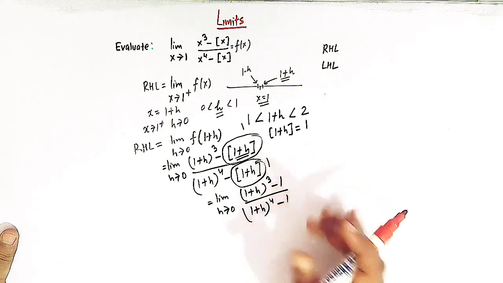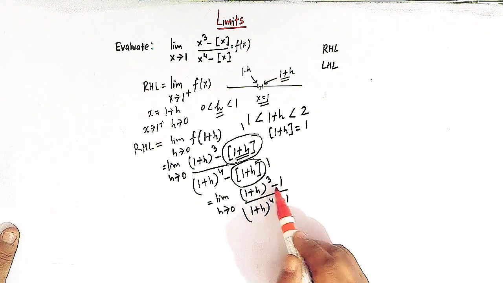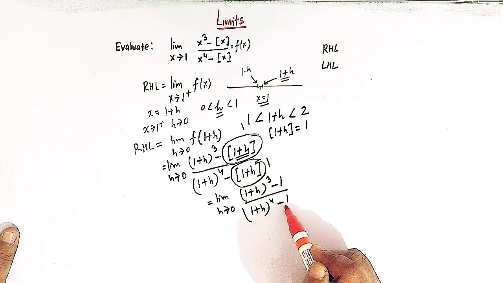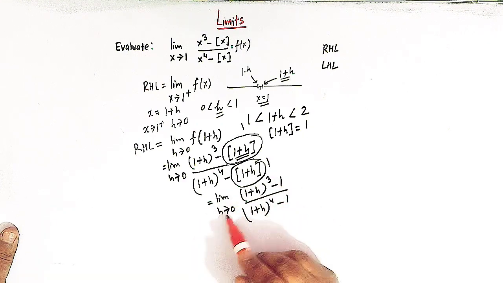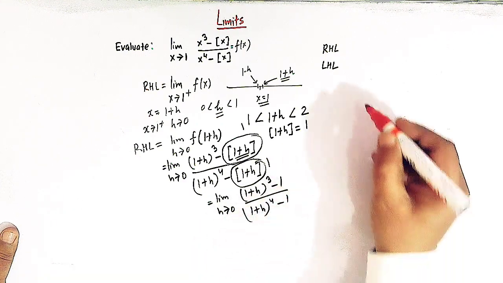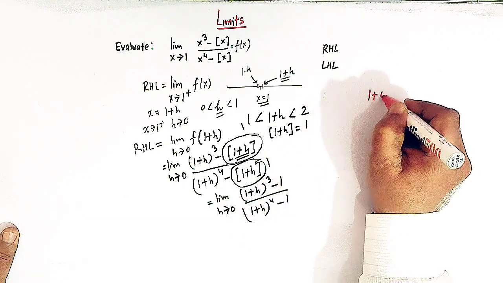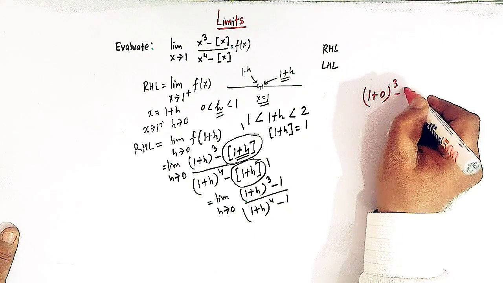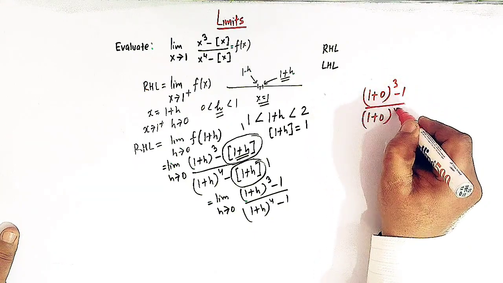So now we have this rational expression in terms of h. Now if we take h equal to 0, then the expression becomes (1 plus 0) cube minus 1, and here we have (1 plus 0) raised to 4 minus 1.